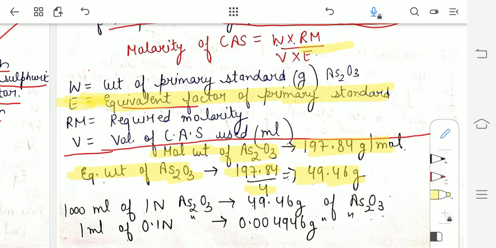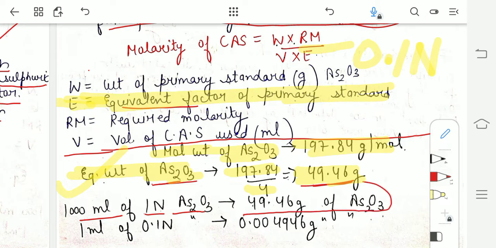We also need to know the equivalent weight here, because the ferric ammonium sulfate which we have taken is of 0.1 normal strength. So the arsenic trioxide also we need for 0.1 normal strength. That is why we are taking the equivalent weight. The equivalent weight of arsenic trioxide came out to be this, which means that 1000 ml of 1 normal arsenic trioxide has 49.46 grams of arsenic trioxide.